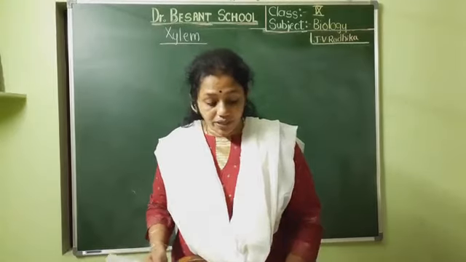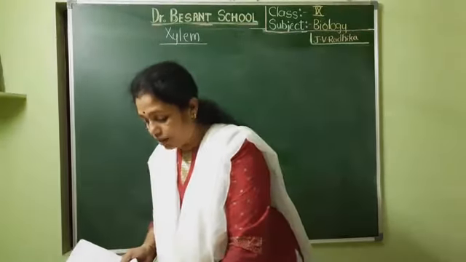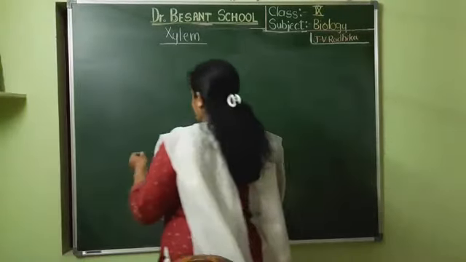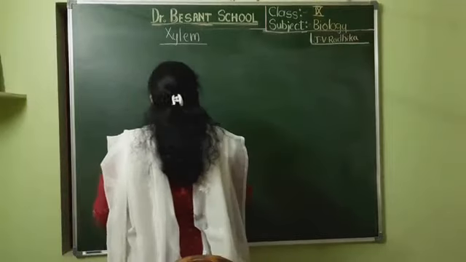So first I shall be giving the diagram, then we can write. So first I shall write along with the diagram. So in that, first, as I told, you have to write the characteristics, then location and function.